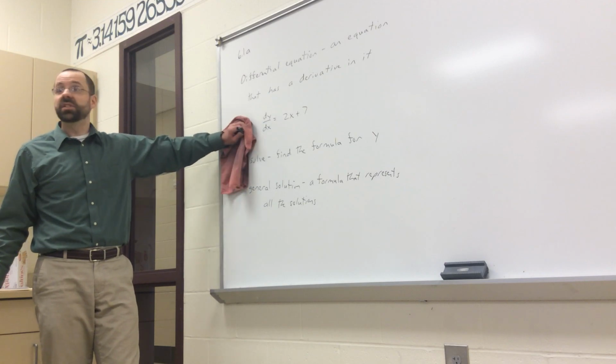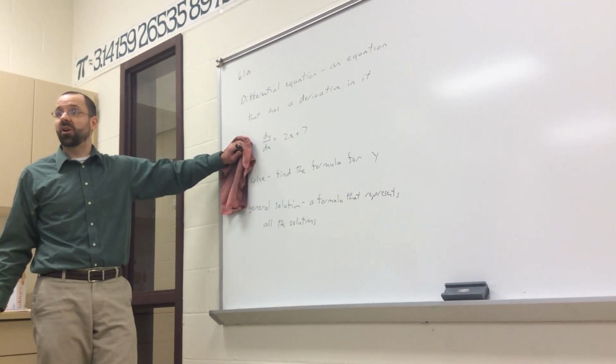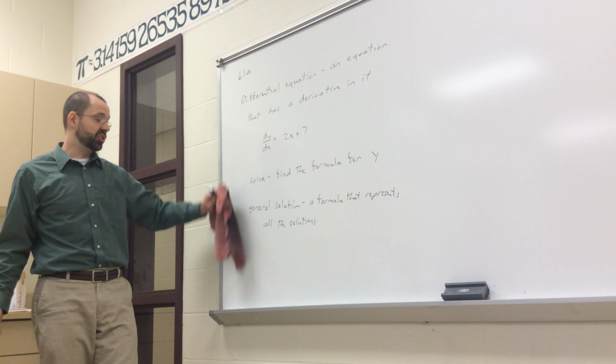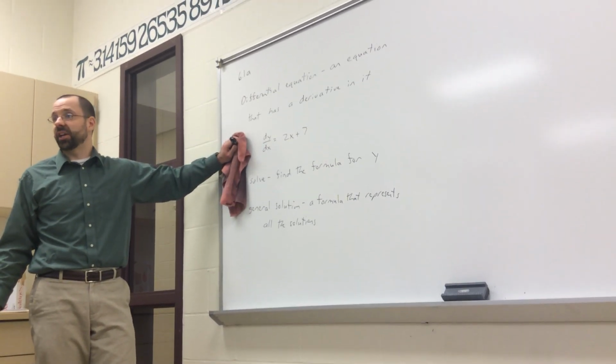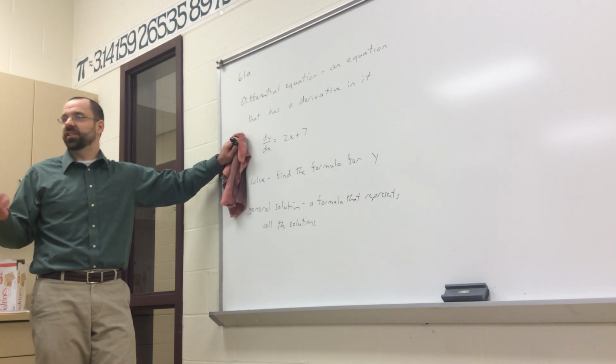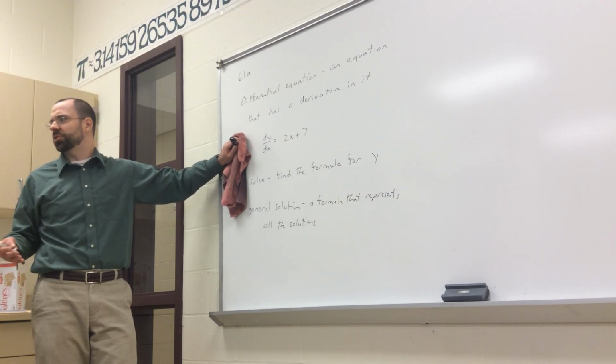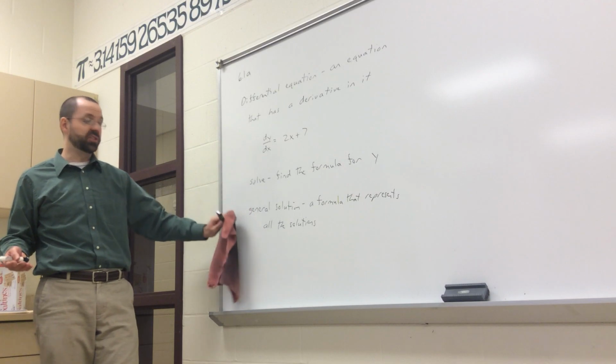So if I gave you this differential equation and said solve and give the general solution, it would be x squared plus 7x plus c. And the c just represents all the different solutions it possibly could be. So that's called the general solution.